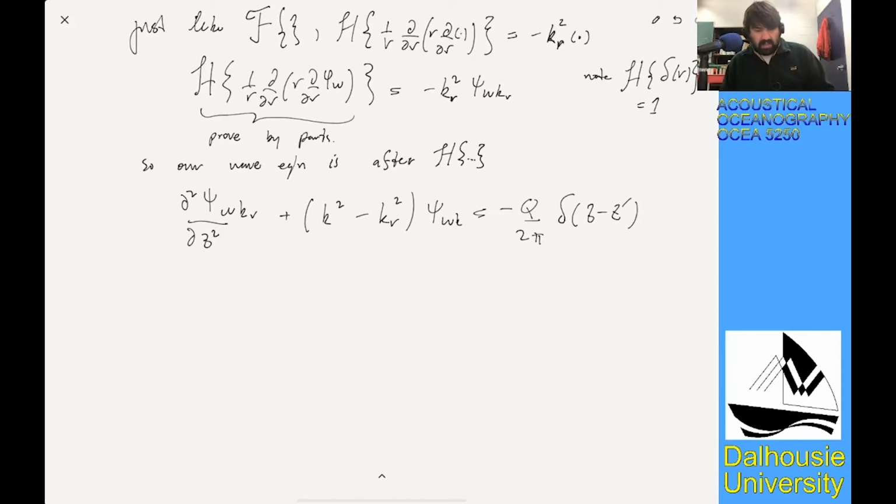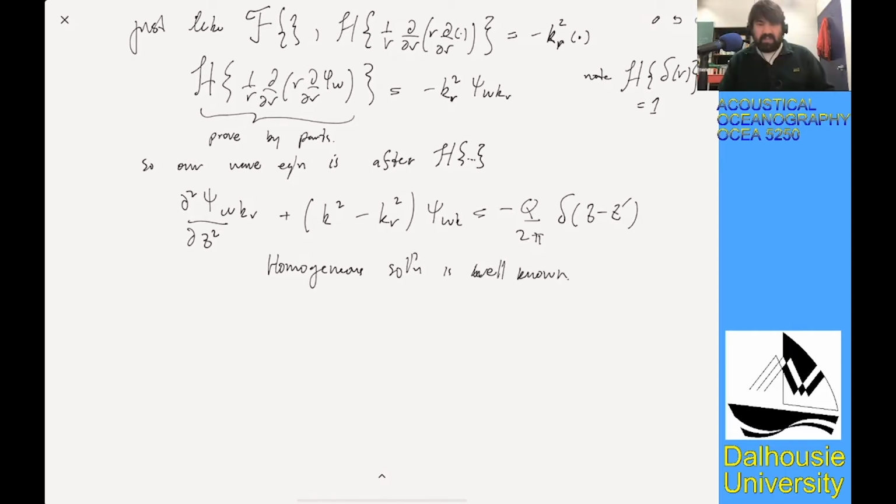So actually, if this right-hand side was 0, we could pretty much write the solution to this. The homogeneous solution is well known.